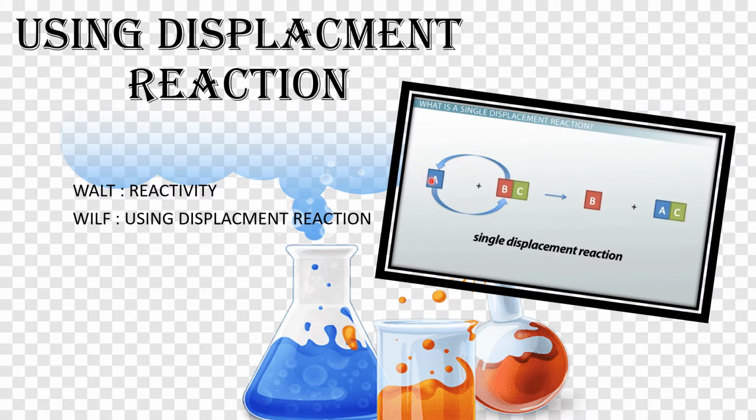For example, here A is more reactive than B, so A can kick the B from this BC combination, so it becomes only B and AC. Why? Because A is more reactive than B. If A is less reactive than B, it cannot. This reaction cannot happen. So reactivity plays a very crucial role in displacement reactions, right?